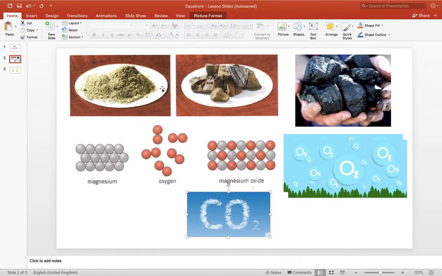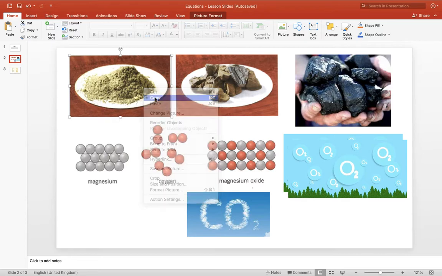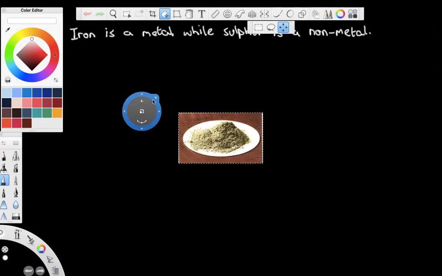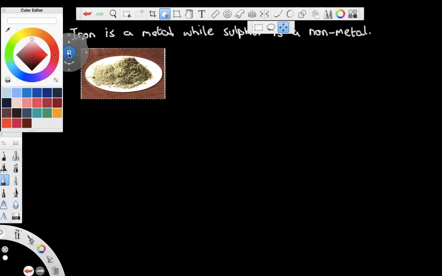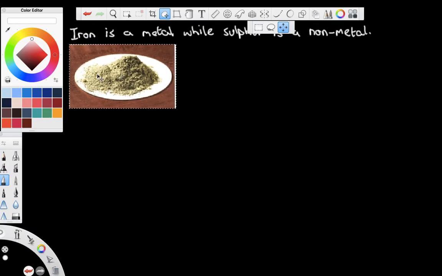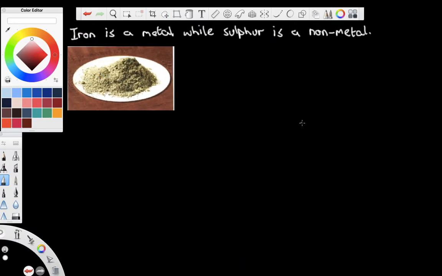Now, if we mix iron and sulfur together, we get a substance that looks like this. Okay, it's not a compound, it's simply two elements mixed together. So we can say that iron and sulfur can be mixed together.